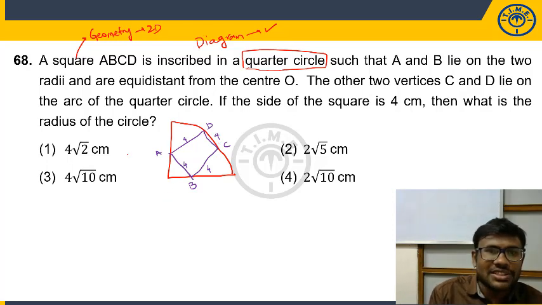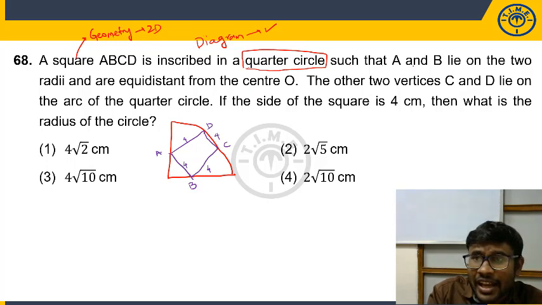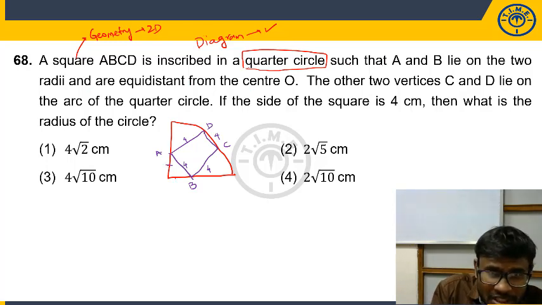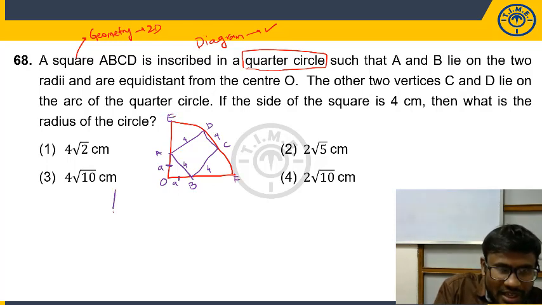Then what is the radius of the circle? He's asking to calculate the radius of the circle. And he also mentioned that A and B lie on the radii and are equidistant from the center, which means this value is equal to this value. For example, if you assume this as A and this is A, then take this triangle OAB.